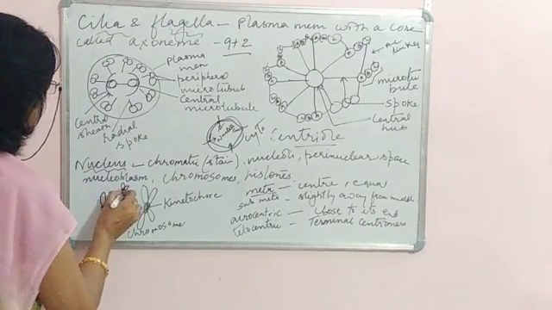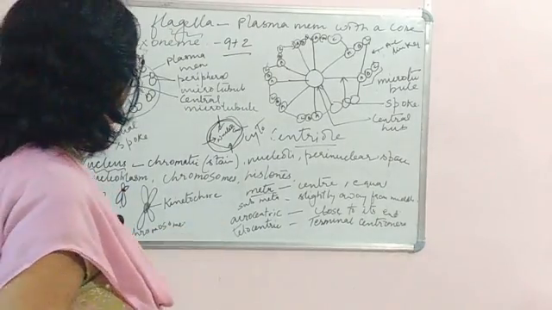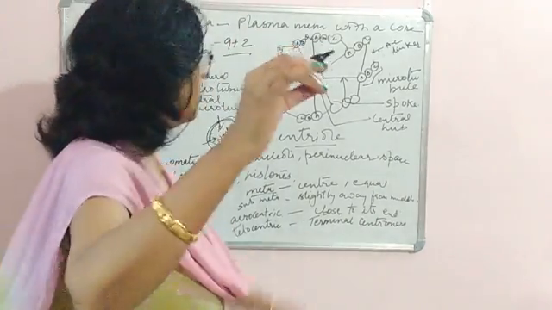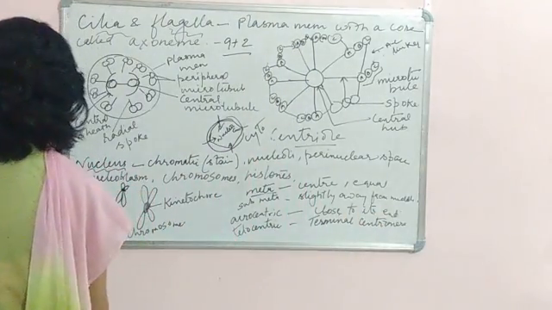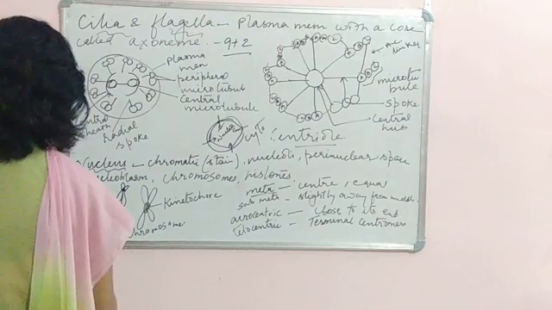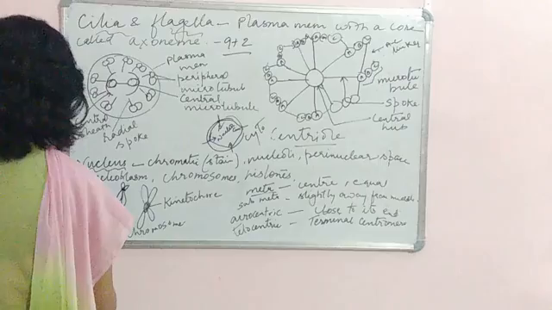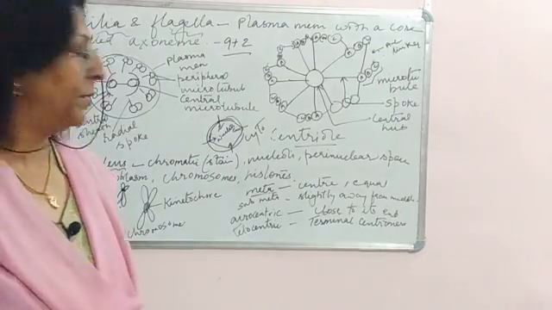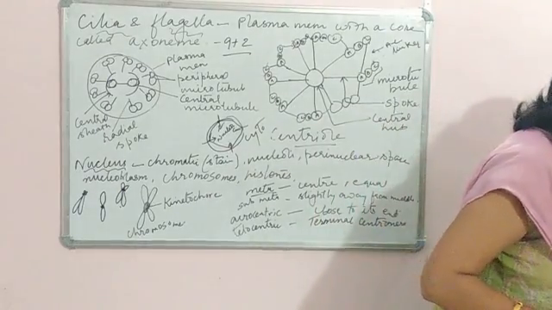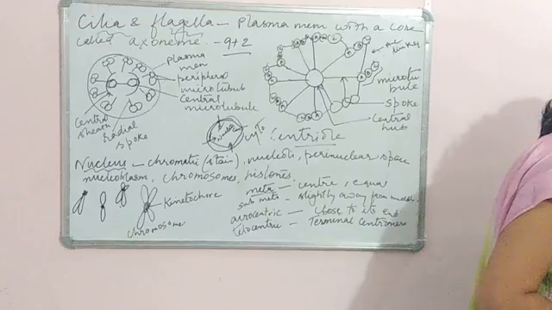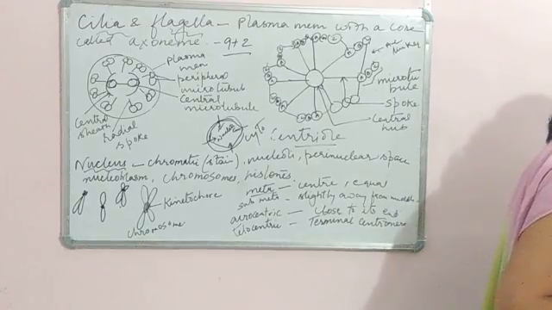Okay, so this will be again acrocentric. And telocentric, a terminal centromere, right at the very last, over here it will be present. So this is terminal. So telocentric, that is what it says. These are the 4 different types of chromosomes based on the position of centromere.